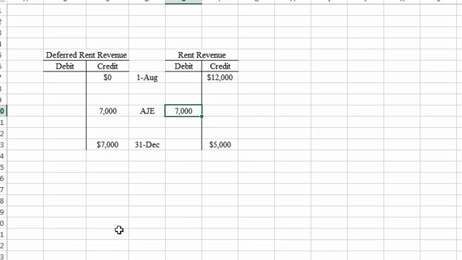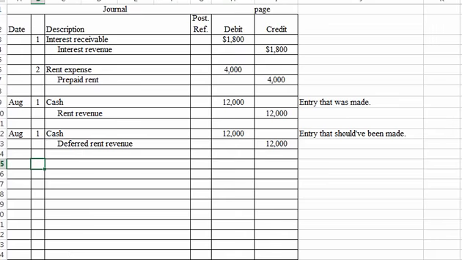So we want to debit rent revenue on number 3 for $7,000. And we want to credit deferred rent revenue for $7,000.